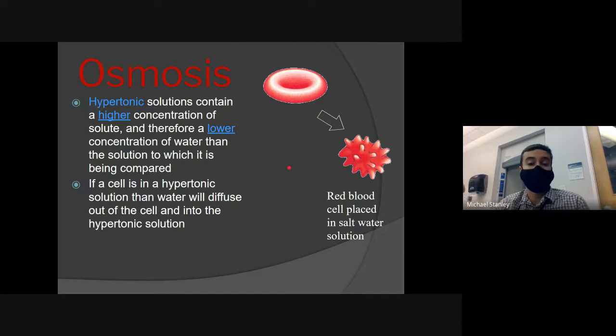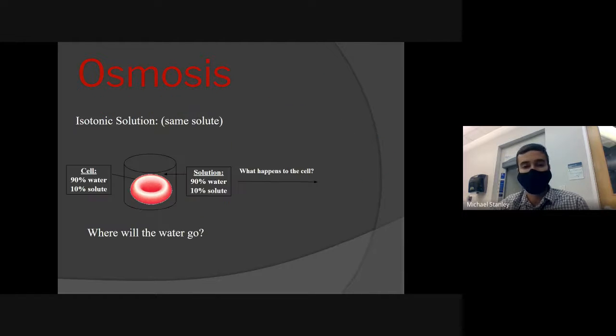So we have one final type of solution to talk about, and that is what's called an isotonic solution. So this is a solution that has the same or extremely similar concentrations to your cell or to the thing you're comparing it to.